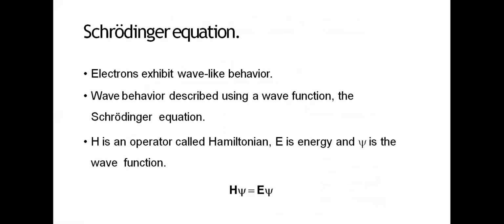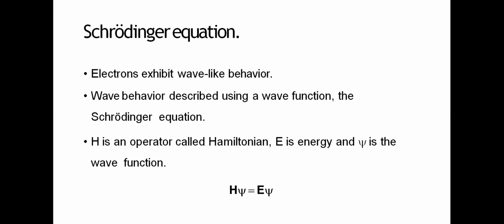Next is the Schrodinger equation. The Schrodinger equation explains that the electron exhibits wave-like characteristics. The movement of the electron is a wave-like motion. So electrons exhibit wave-like behavior, and wave behavior is described using a wave function.